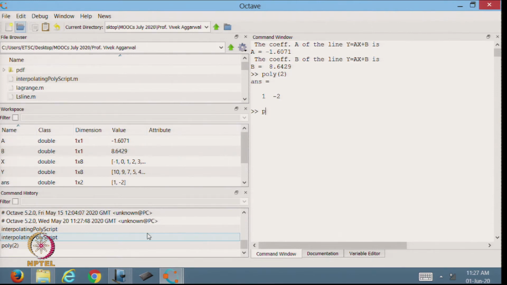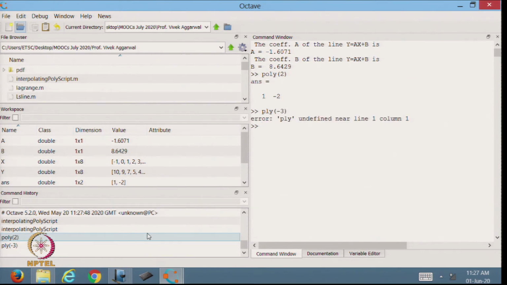Similarly, I can define poly 3 or maybe poly minus 3. That is the polynomial whose root is minus 3. So, this is what I am finding here. Let us call it P, and that is equal to poly 1.